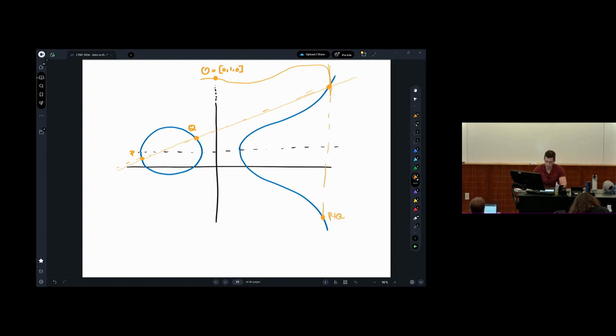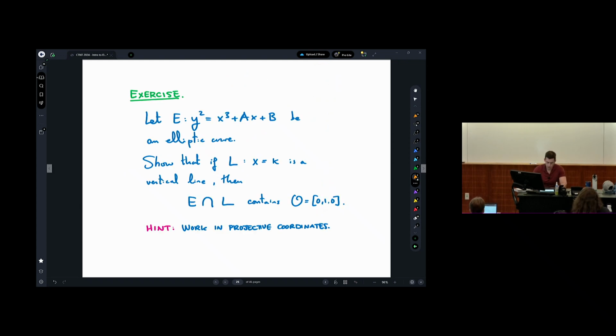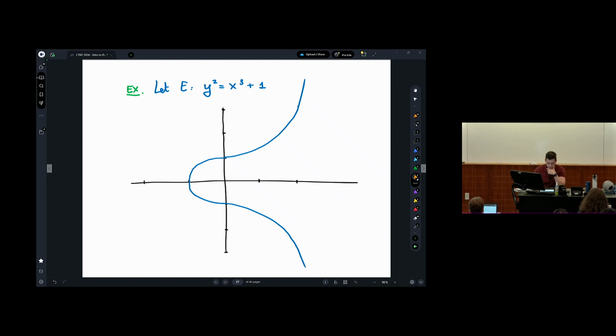That's how you find P plus Q. As an exercise, if you've done some projective geometry, try to prove that in the projective plane every vertical line goes through (0, 1, 0). You have to put everything in projective coordinates, and then you just check that it's true.